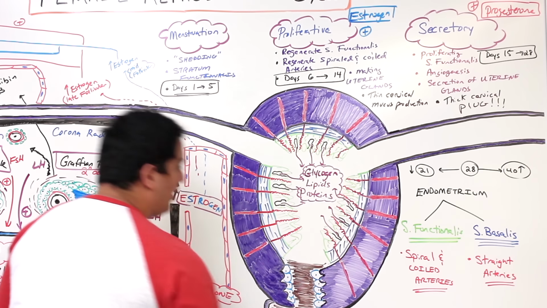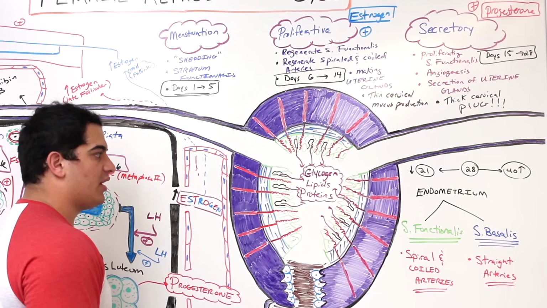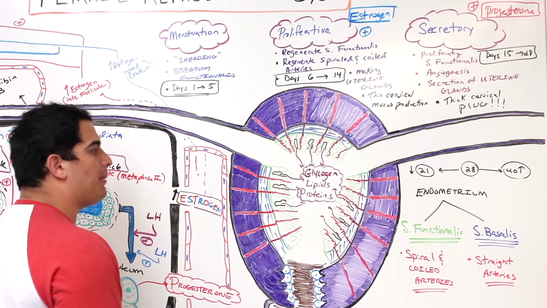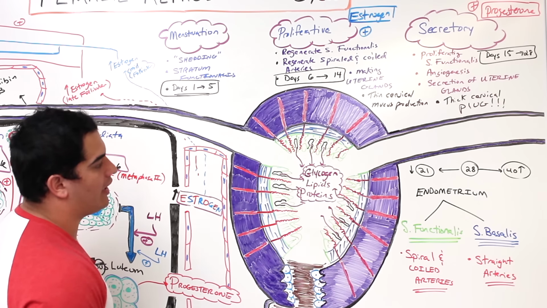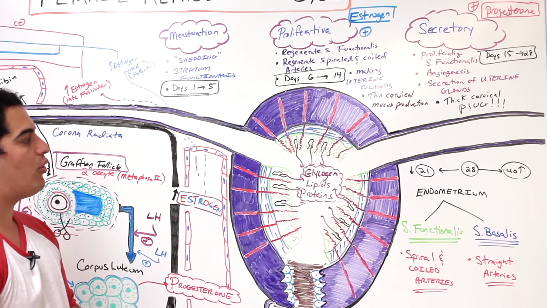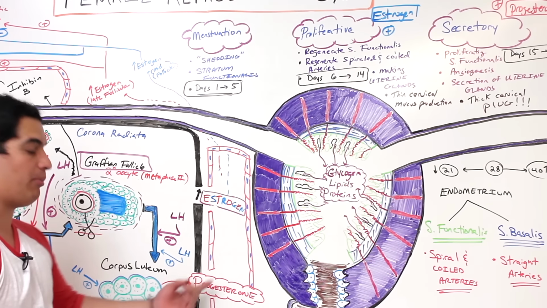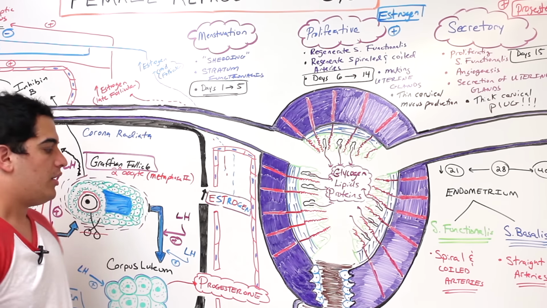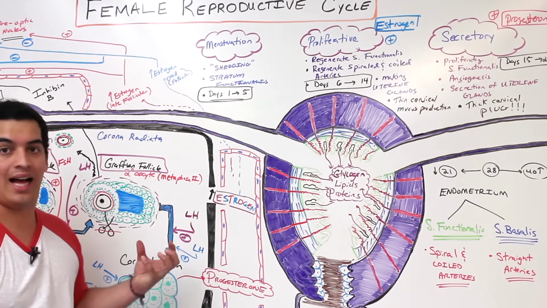If this female is fertilized, the embryo will implant into the wall of the uterus and it'll start producing specific types of chemicals. One of those chemicals is called human chorionic gonadotropin. What human chorionic gonadotropin does is help continuously stimulate the corpus luteum to make progesterone until the placenta develops around the 12th week of gestation.